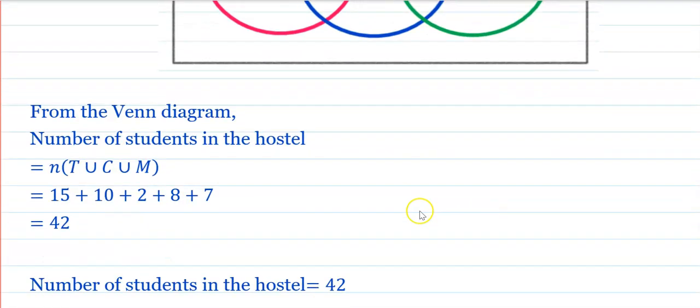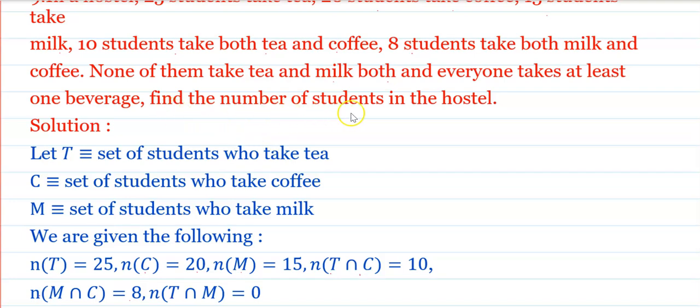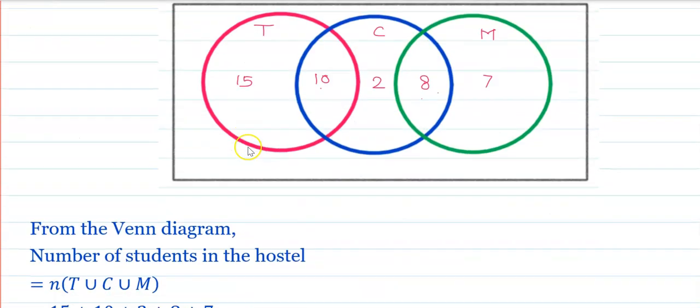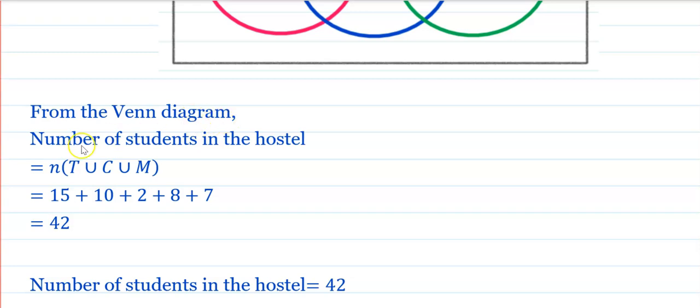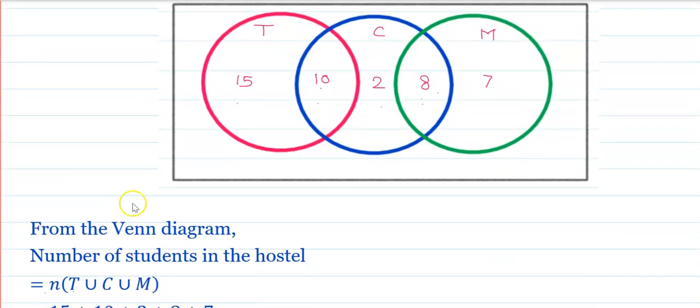Now from the Venn diagram, the first question, find the number of students in the hostel. From the Venn diagram, the number of students in the hostel is the sum of all these.